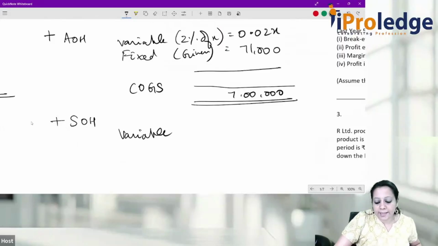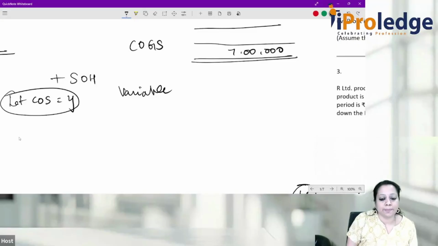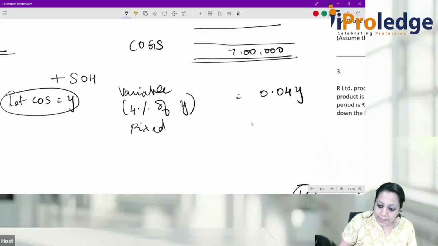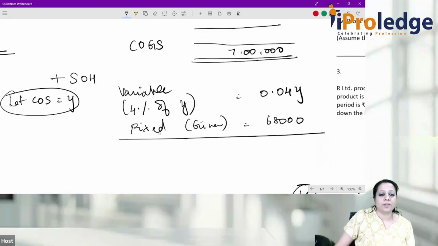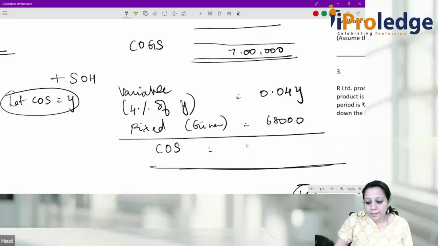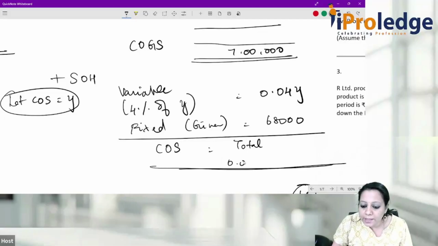Let cost of sales be Y, so that we don't get confused with X. The variable is 4 percent of Y, that is 0.04Y. Fixed is 68,000 given. Following our cost sheet, if we add SOH to COGS, we get cost of sales. The total cost of sales is 0.04Y plus 7,68,000, isn't it, students?